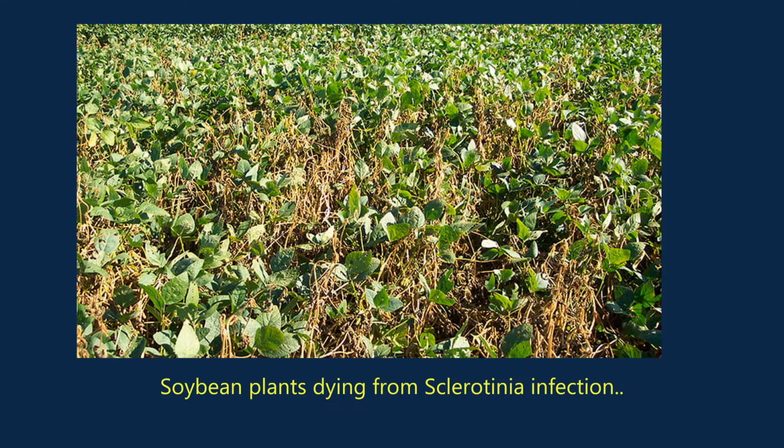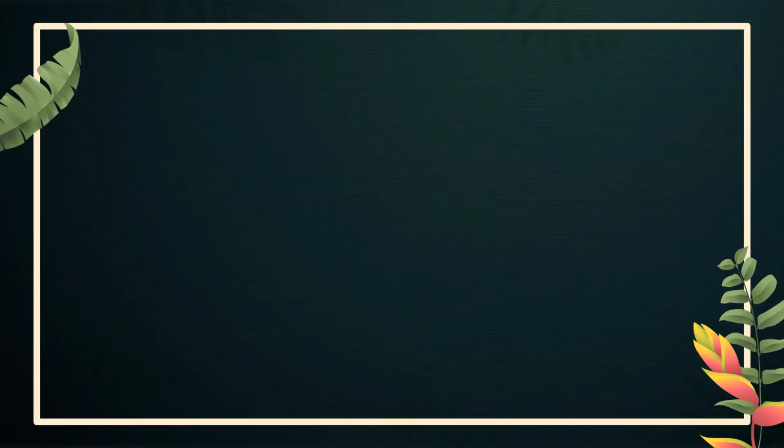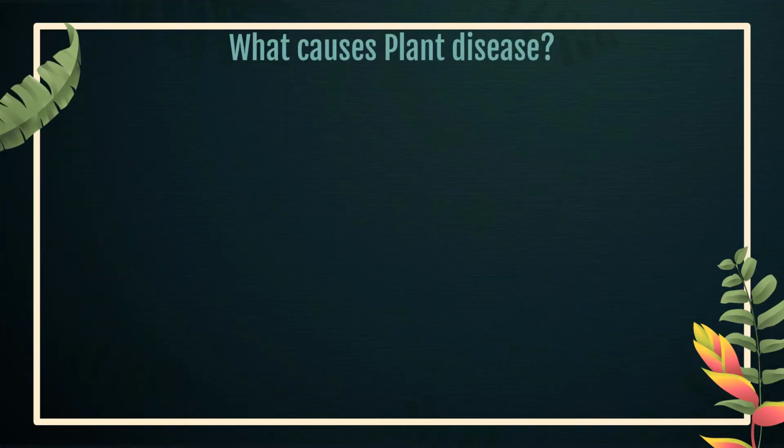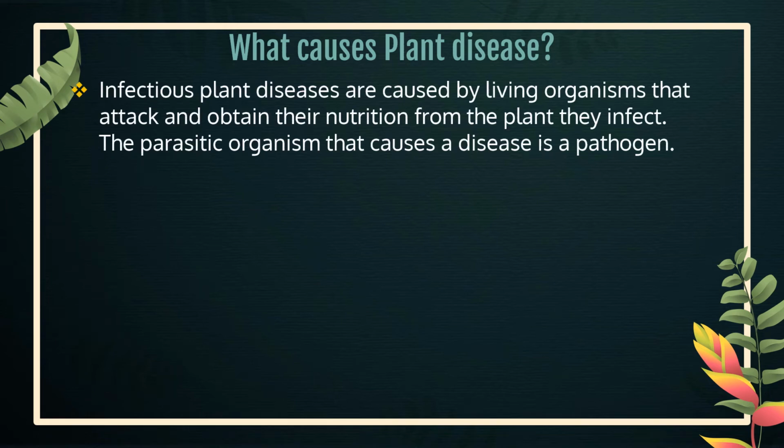Plant pathogens can spread from plant to plant and may infect all types of plant tissues, including leaves, shoot, stem, cones, root, tubers, fruit, seeds, and vascular tissues. Like I already told, microorganisms depend on the plants to obtain their nutrition.